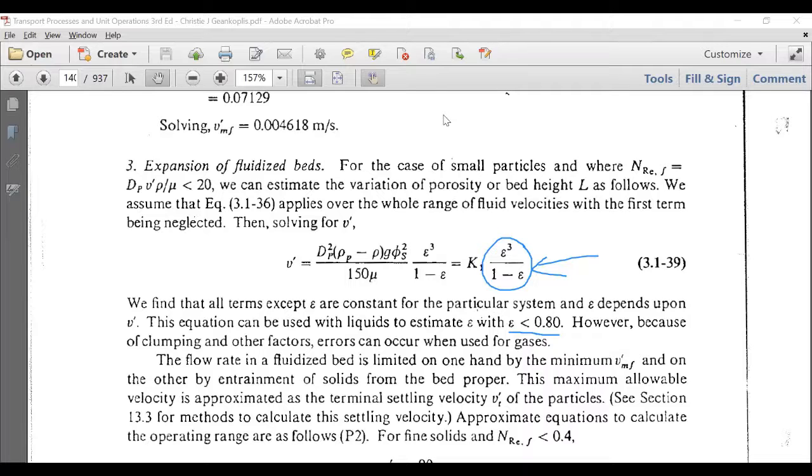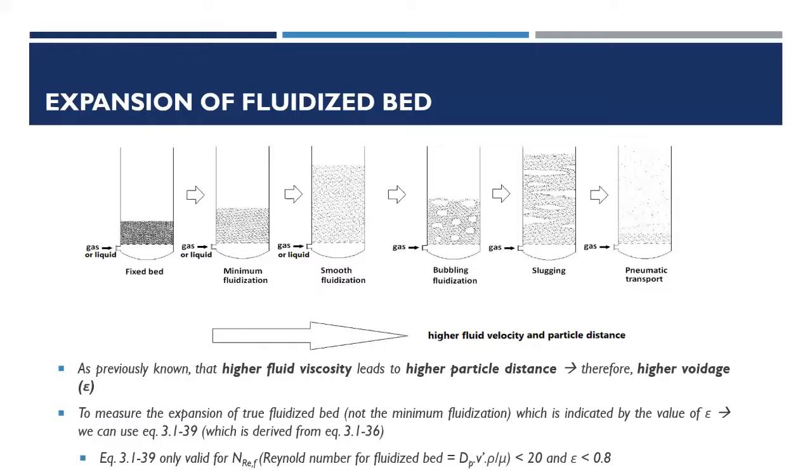So you have to pay close attention to these parameters. Only valid for NREF less than 20 and epsilon less than 0.8, then equation 3.139 is valid.